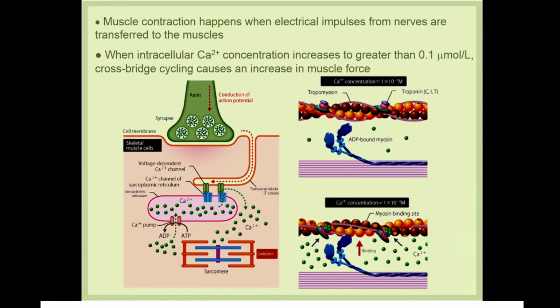The sarcoplasmic reticulum has a high concentration of calcium, which is used to initiate muscle contraction when the muscle is stimulated.